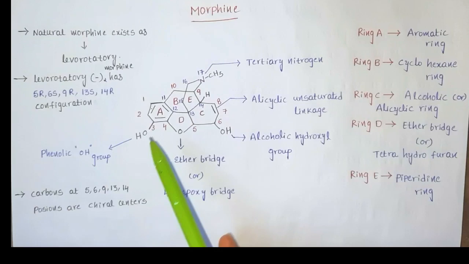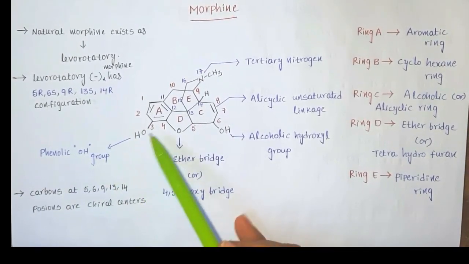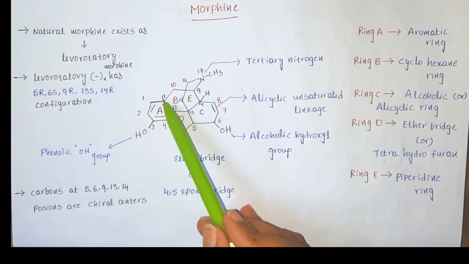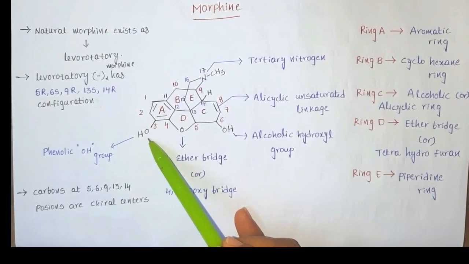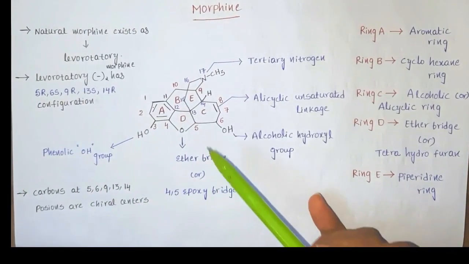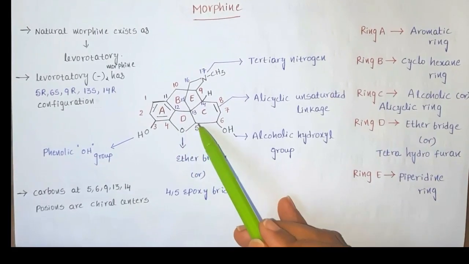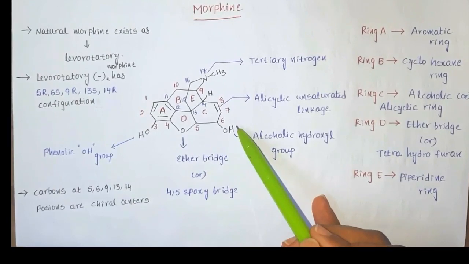In morphine, the third position contains a phenolic OH group, because ring A is an aromatic ring, so it is attached with an OH group. It contains a 4,5 epoxy bridge and an OH group at the 6th position.